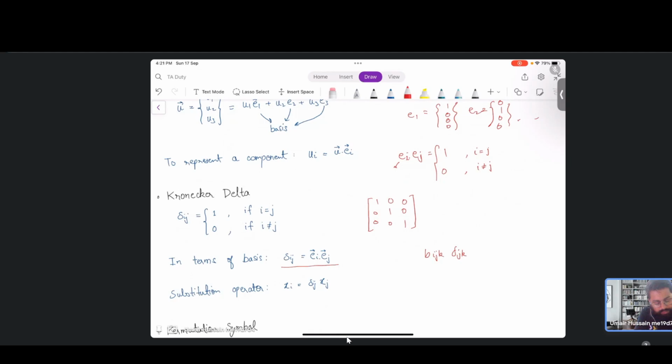I'll write a different one. We have delta km times b ij, so we can use it to substitute this one. This k can be substituted with the m, so this will be equal to b ij. This is the substitution property of the Kronecker delta.